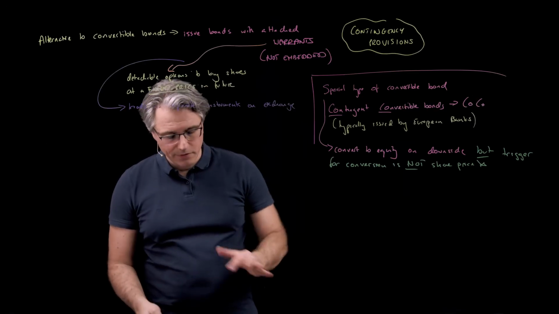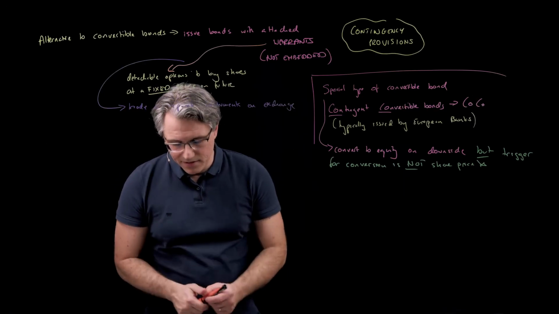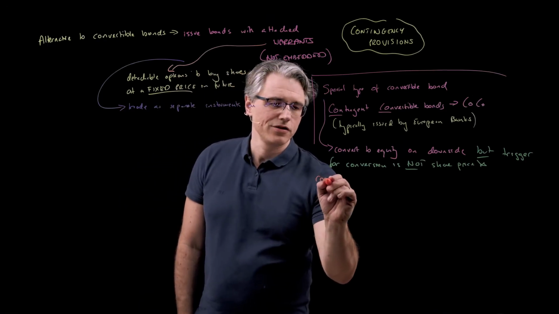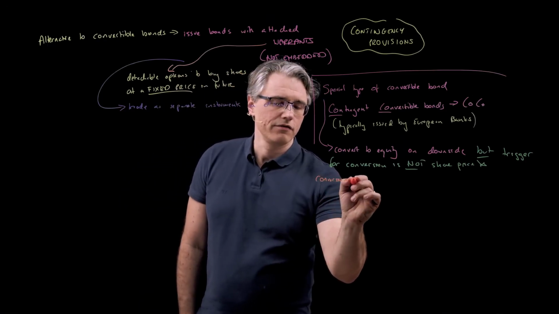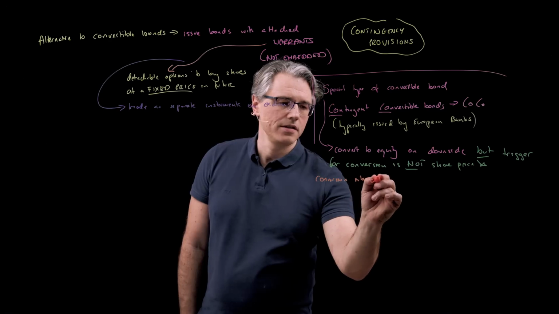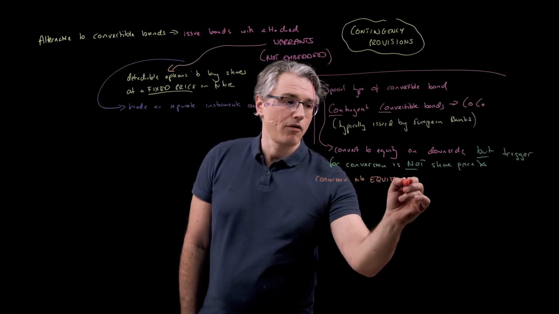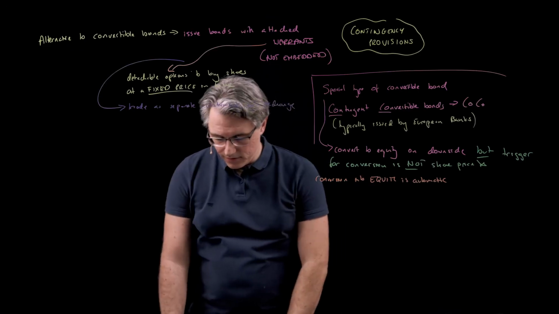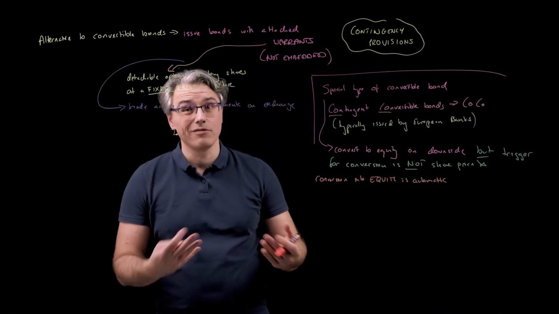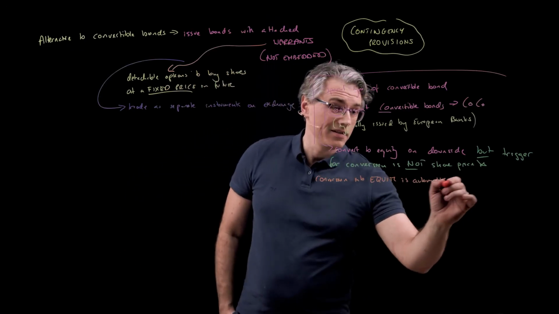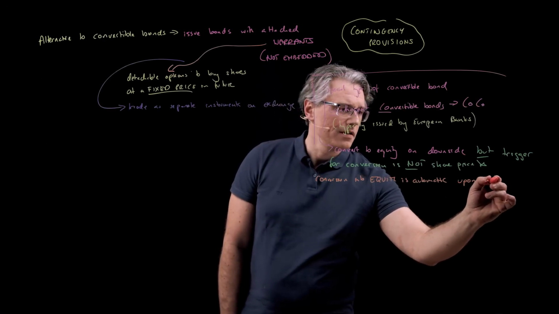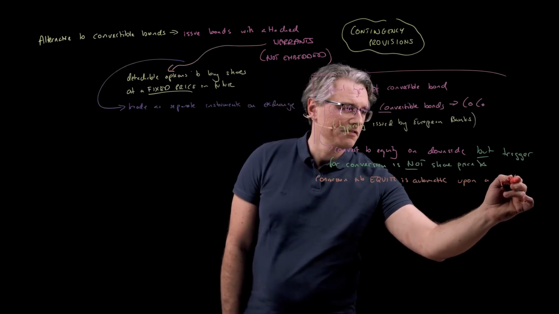And when you put this in the context of banks, it's typically built in such a way that conversion into shares, conversion into equity, is automatic once a certain condition is met or a specified event occurs. So it is automatic upon a specified event.